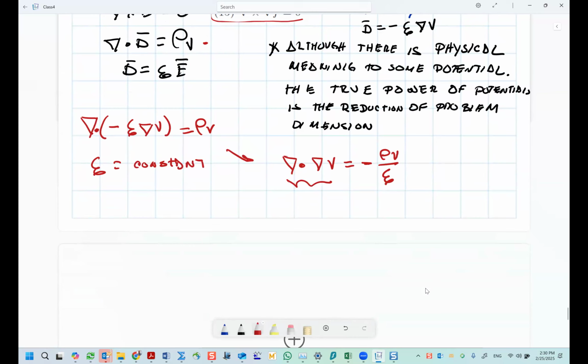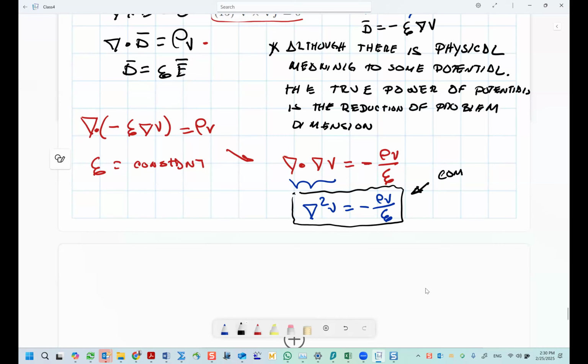And this operator is called the Laplacian. So the Laplacian of V equals minus rho V over epsilon. And this equation you will find as is in COMSOL. I don't know if ANSYS has it.